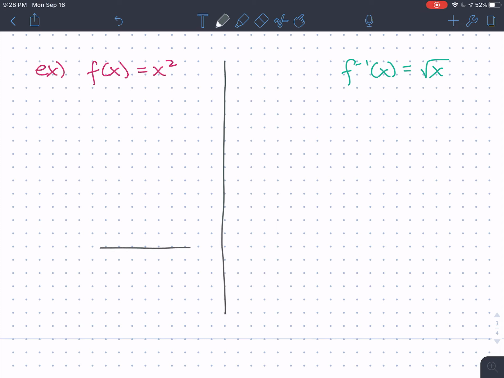Let me get these lines here. We know the points 0, 0, 1, 1, 2, 4, and 3, 9, and then these corresponding points on the other side. These are all part of y equals x squared.